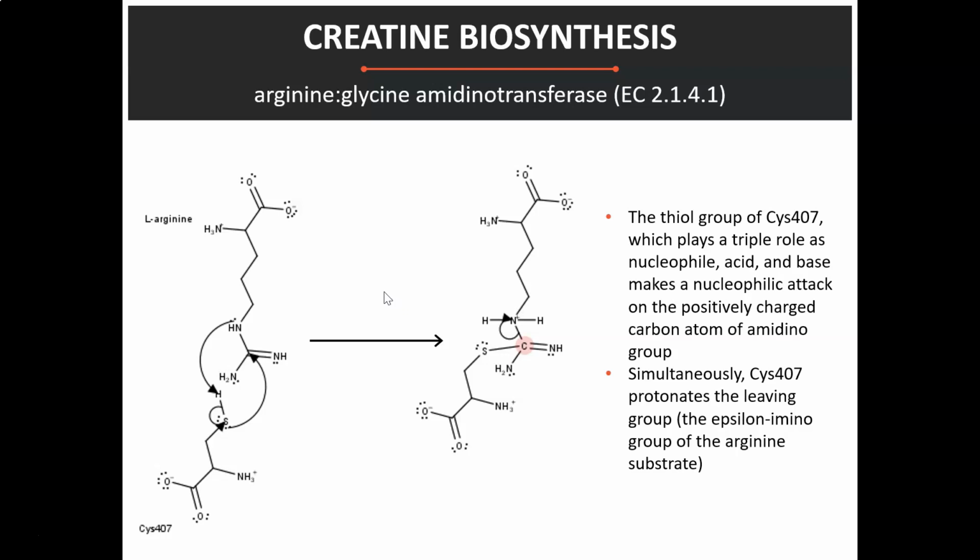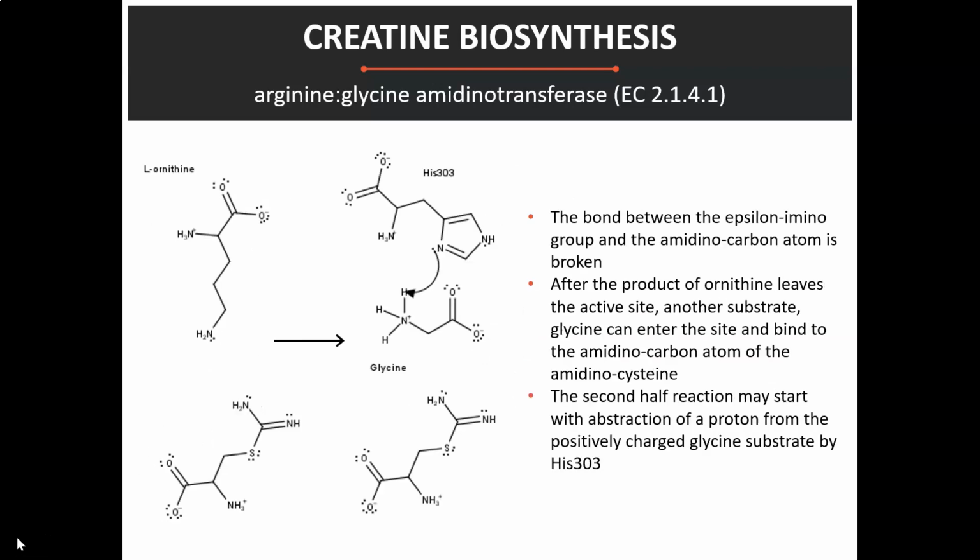As shown, there is a nucleophilic attack of the carbon atom of the amidino group of L-arginine, while cysteine 407 also protonates the epsilon imino group of the arginine leaving group. Following this, the bond between the epsilon imino group and the amidino carbon atom is broken, forming L-ornithine.